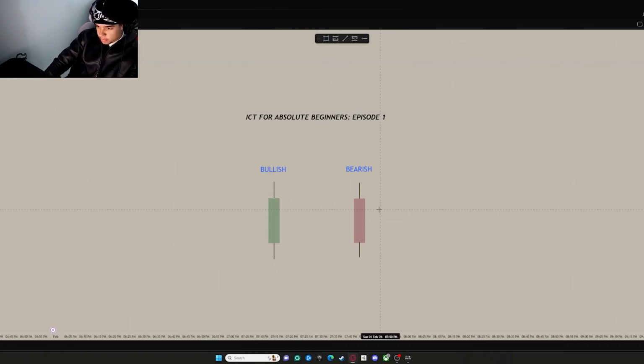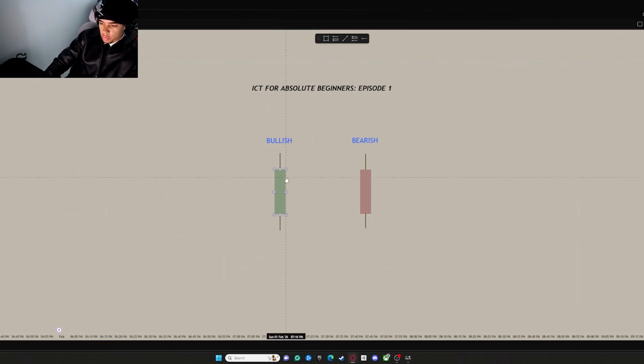So whenever there's a green candle, this is a green candlestick. Don't overcomplicate it. It's literally just a candlestick. If I take this out, what does it look like? The candle and the wick, right? That's basically what it is, as simple as possible.